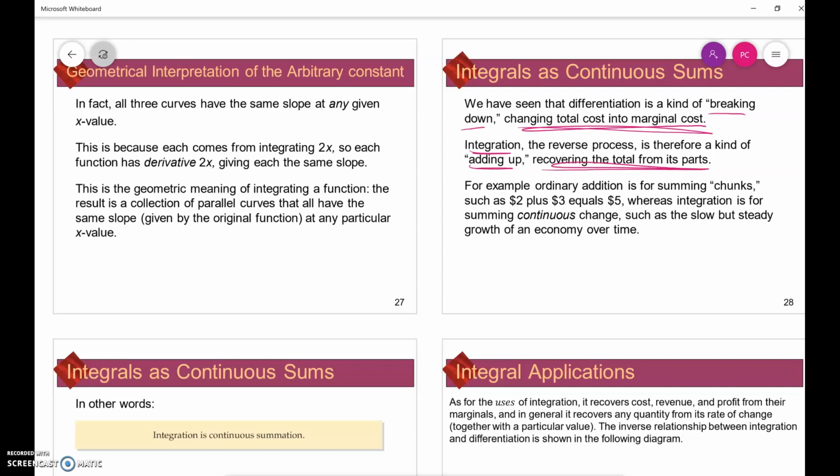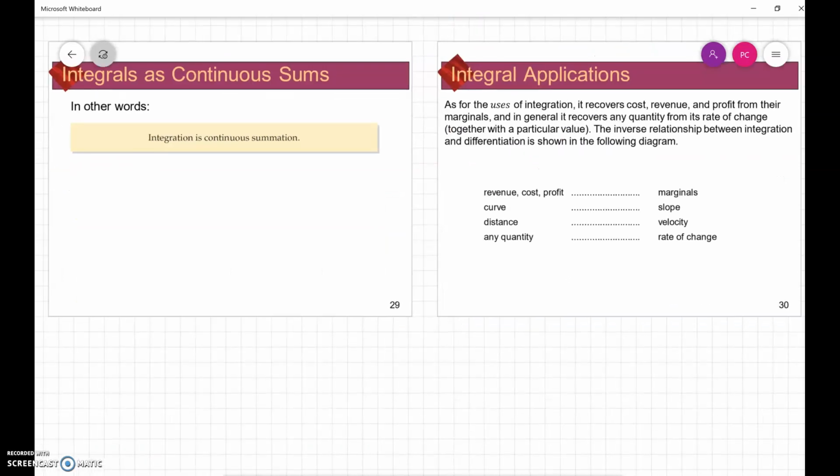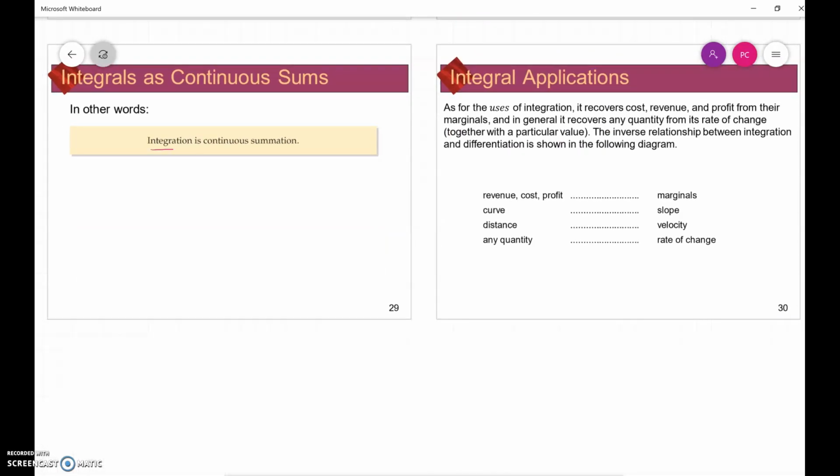So for example, ordinary addition is for summing chunks, such as $2 plus $3 equals $5. Whereas integration is for summing continuous change, such as the slow but steady growth of an economy over time. So in other words, integration is a continuous summation.